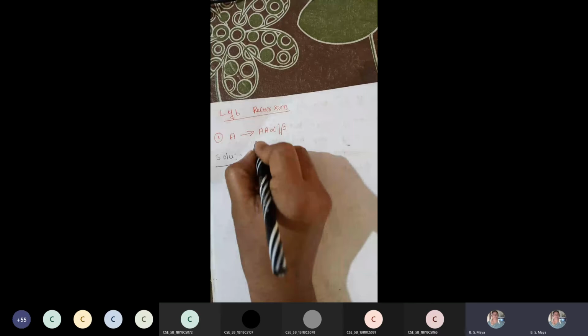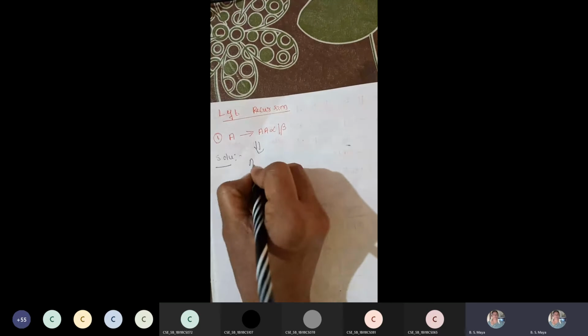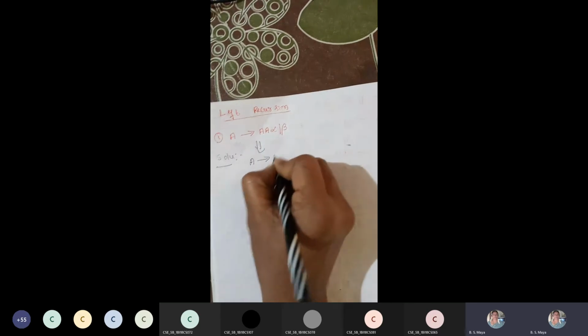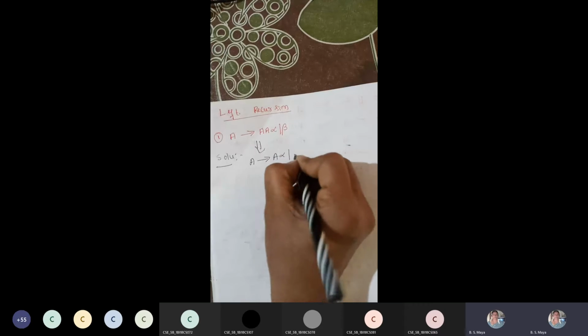Okay, the writing pad is visible. Yes, ma'am. Okay, let us start. Now can you tell me whether the grammar has left recursion or not? Yes, it looks like A derives A alpha or beta.